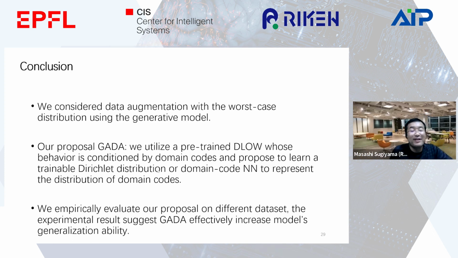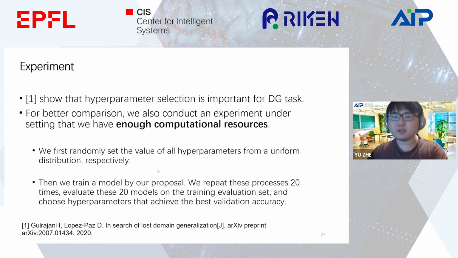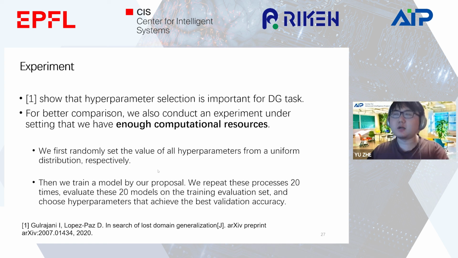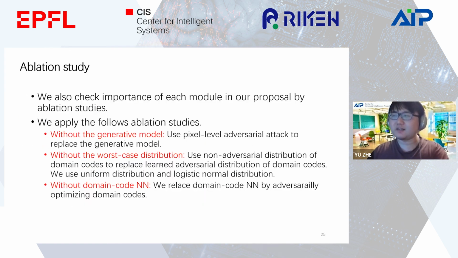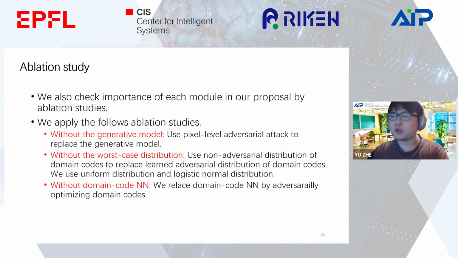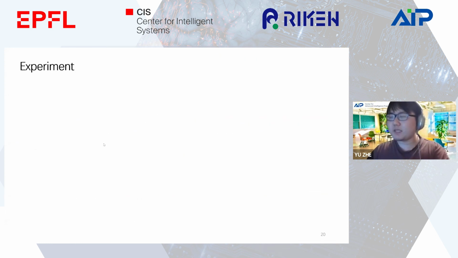So let me start. Can you say something about the computation time compared with some basic approaches? You mean computation time compared with the previous work? Yeah. Actually, there is no large difference between our proposals and the previous method.